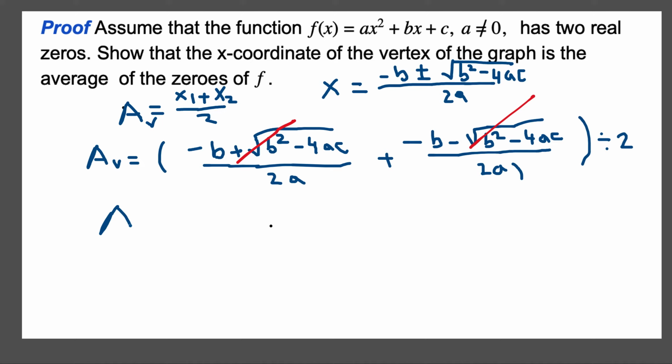The average of x1 and x2 is going to be equal to minus 2b divided by 2a.